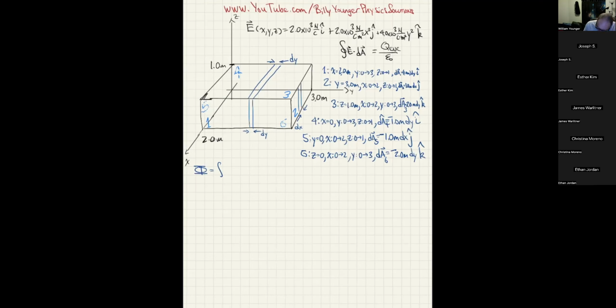It's just a constant. So I'm going to call this 2.0 kilonewtons times 10 to the third per coulomb i hat dotted with 1.0 meters dy i hat. Okay, that's over surface 1, and since I'm integrating over y, I've got to integrate from 0 to 3.